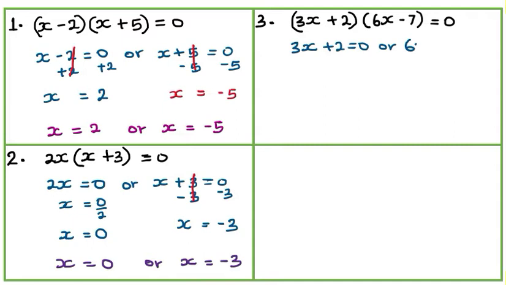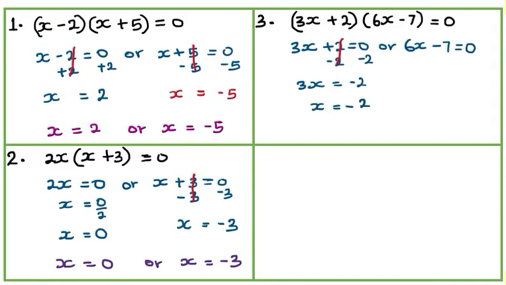And let's subtract 2 from both sides, and here we will get a 0, so we remain with 3x is equal to 0 minus 2, it is negative 2. So x is equal to negative 2 out of 3.